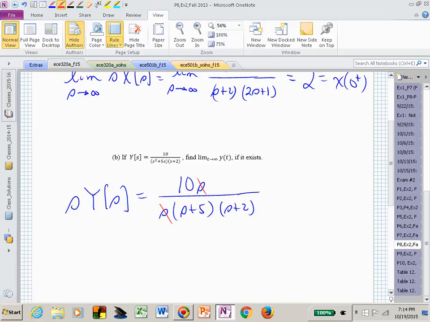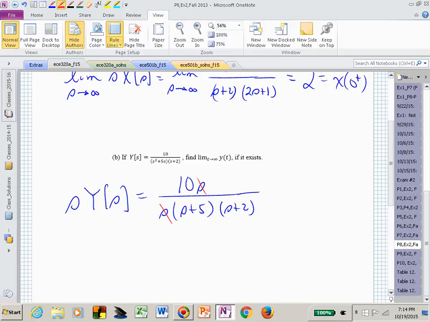And by okay, what do I mean? Are all of those values of s that cause my denominator to equal 0 all in the strict left half plane? They can't be on the imaginary axis. It can't be at 0. We've canceled one of those at 0.